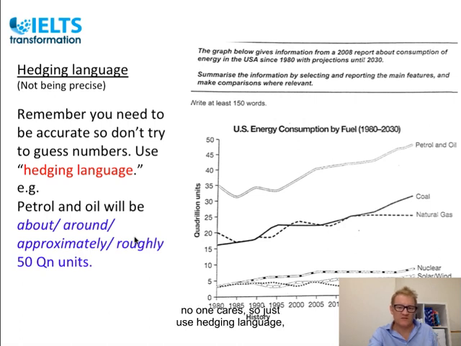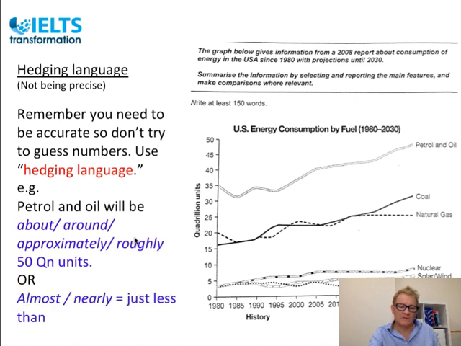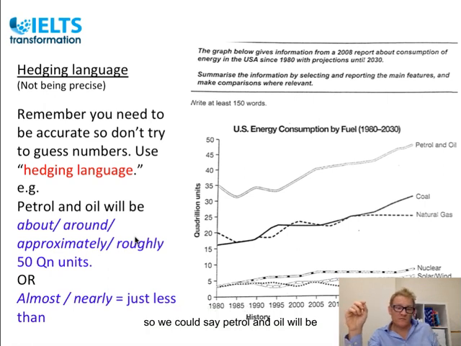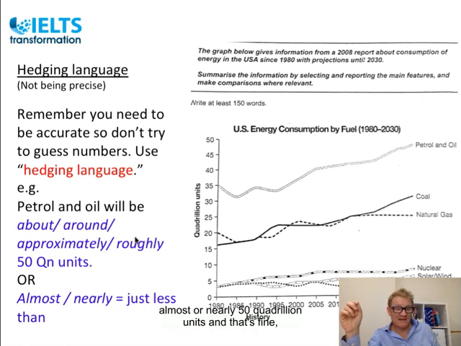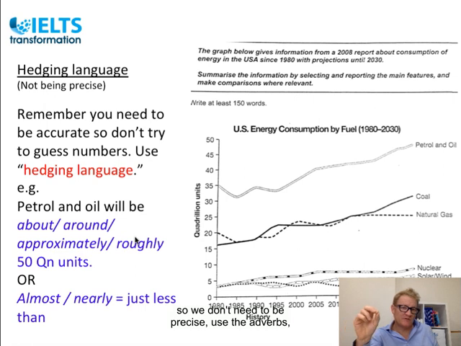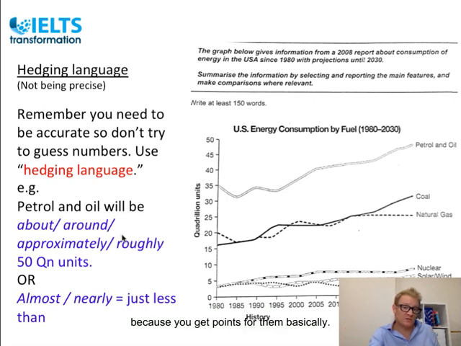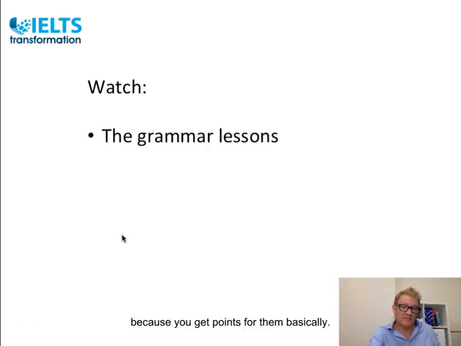No one cares, so just use hedging language. Or almost and nearly, which is just less than. So we could say petrol and oil will be almost or nearly 50 quadrillion units, and that's fine. So we don't need to be precise. Use the adverbs because you get points for them, basically.